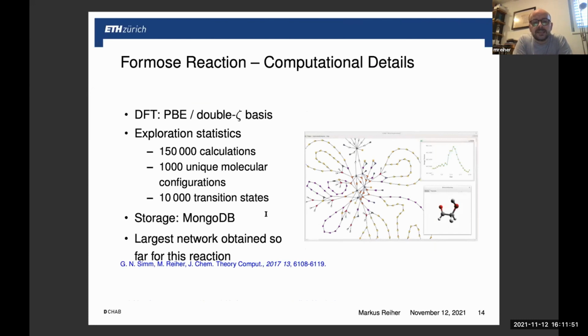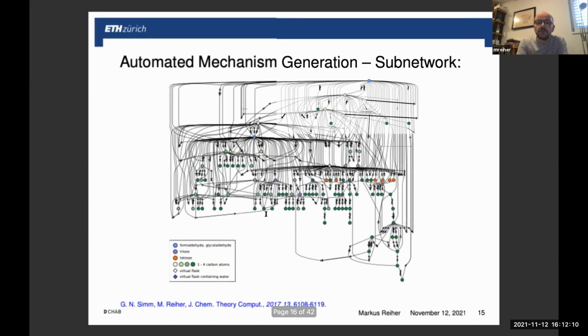What we did is we did PBE calculations in a double zeta basis. We carried out 150,000 calculations in 2 weeks, no manual interference. That gave us 1,000 unique molecular configurations and 10,000 transition states. And this way, at the time, we obtained the largest network available for the Formose reaction.